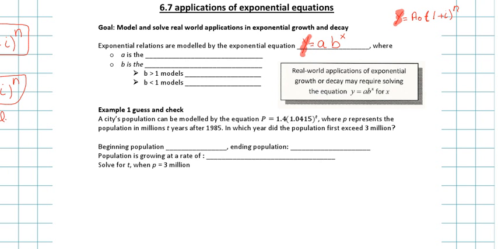Now your base, if you actually do 1 plus 0.05, you're going to get 1.05. So that's going to be your base. It's not going to show you as 1 plus 0.05, it's going to show it to you as 1.05. But basically 1 plus i is the same thing as b.